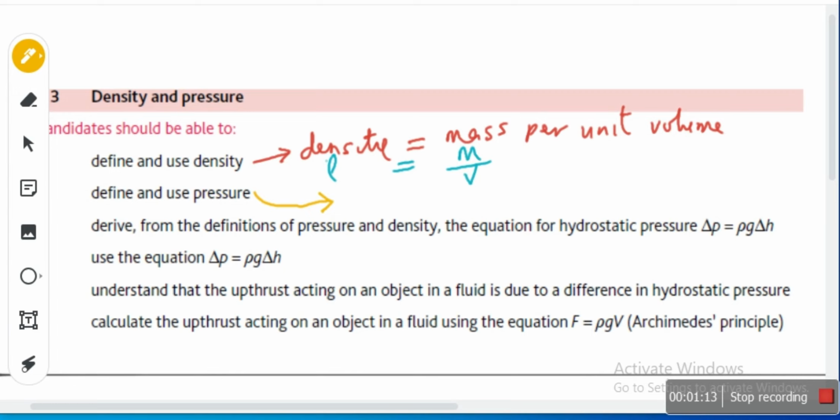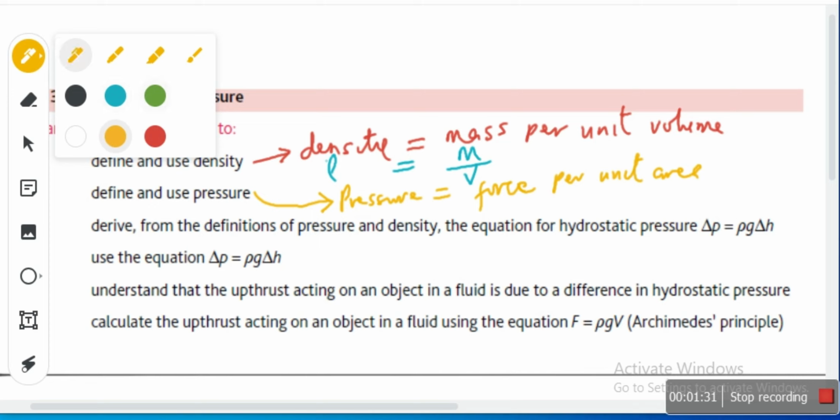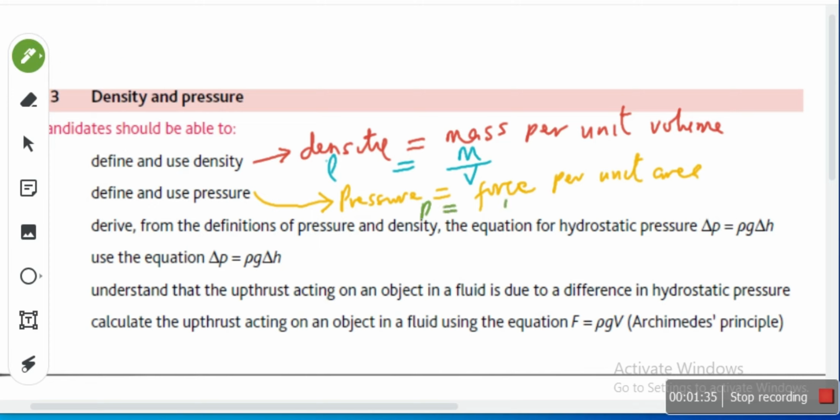So pressure is force over area. Pressure is force per unit area. Alright, so that means pressure P will be equal to F over A, isn't it?